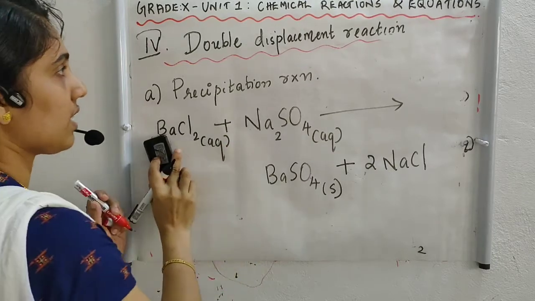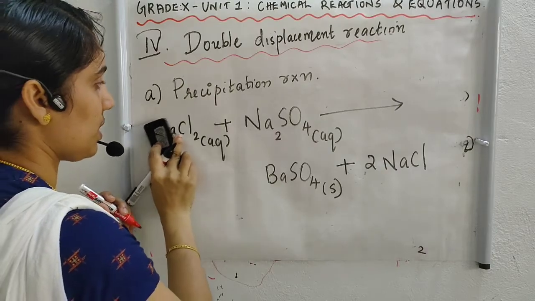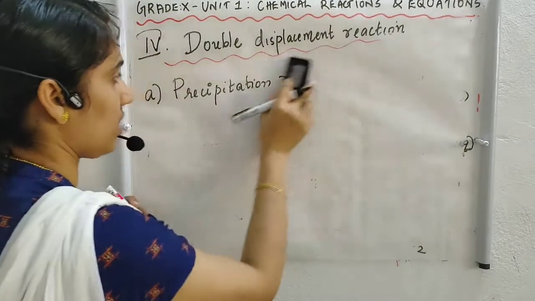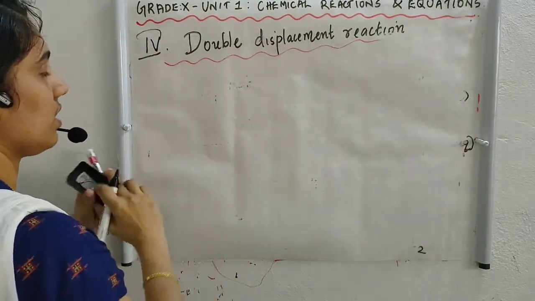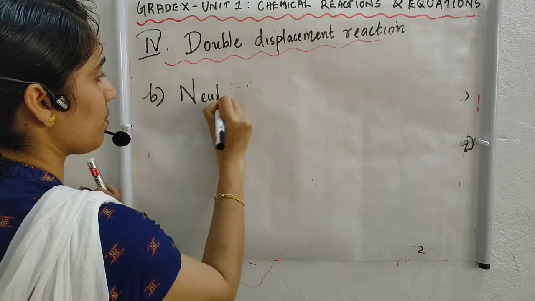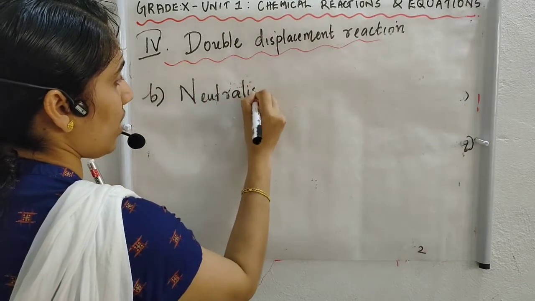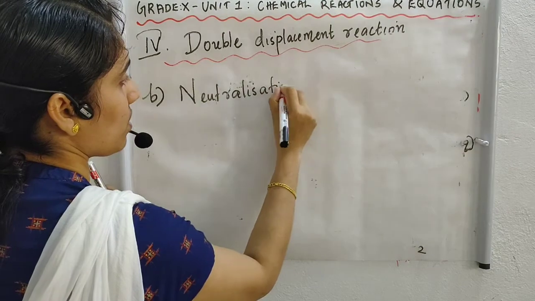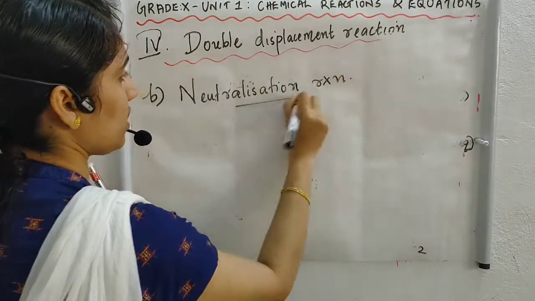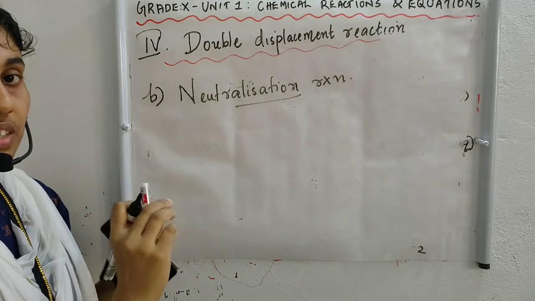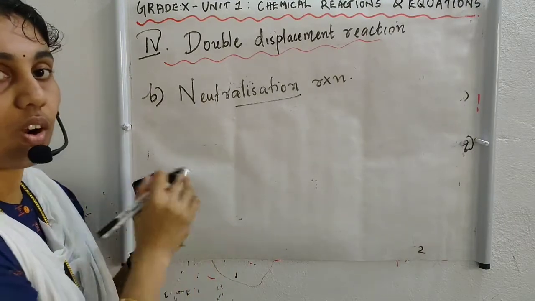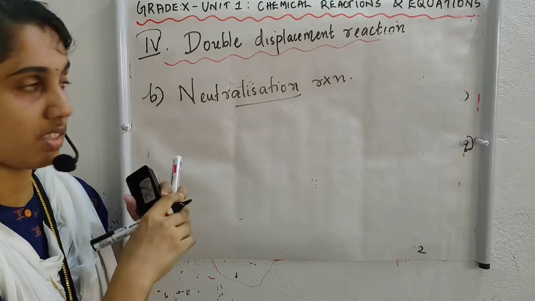Then another category of double displacement reaction is the neutralization reaction. So what do I mean by neutralization reaction? A double displacement reaction where an acid and a base react, that we call a neutralization reaction.